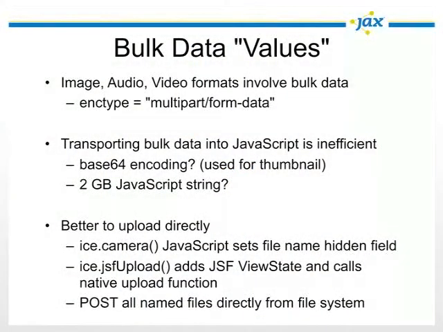You would wonder, well, how are you going to do that? For the thumbnail, we use base64 encoding. In other words, we take the image and we encode it into a text string, and then the text string can be displayed by the browser. But for megabytes of data, you probably don't want to create a several megabyte string and pass it back into JavaScript. Potentially, you could even crash the browser with data that's too large.